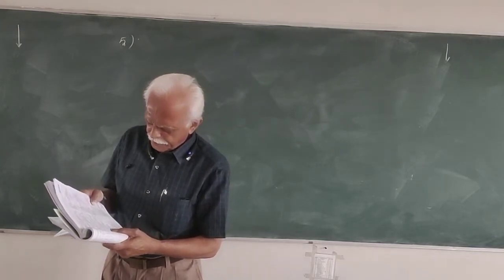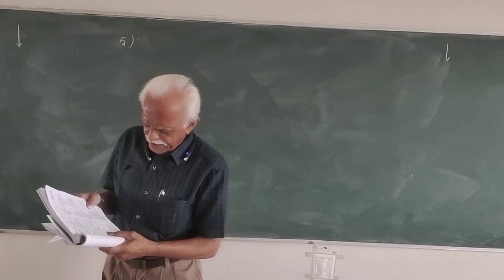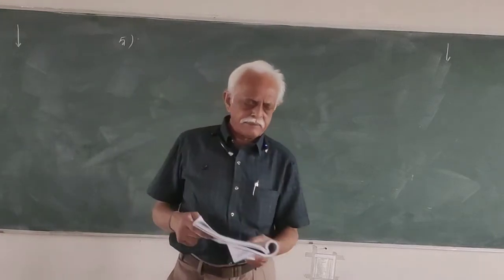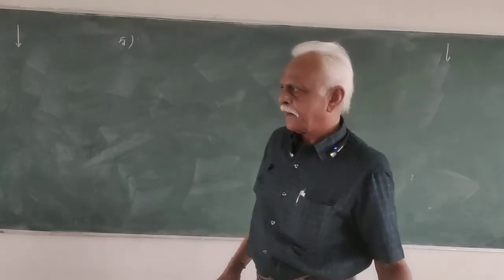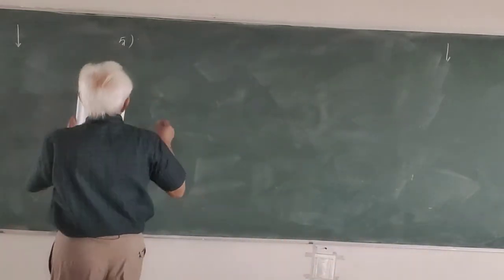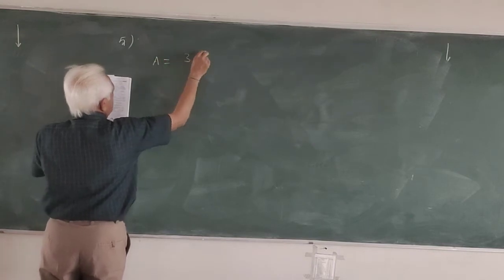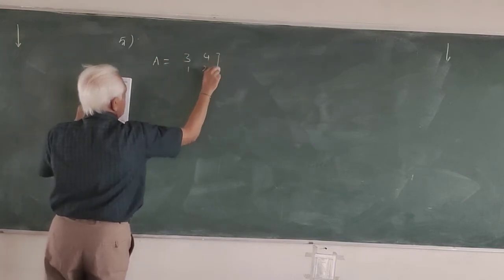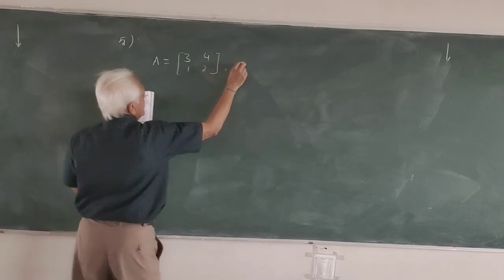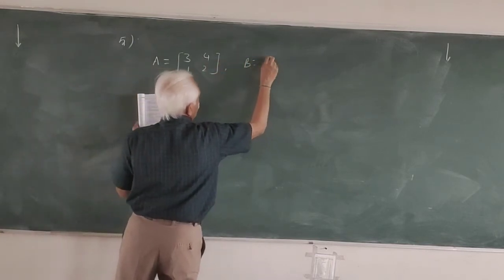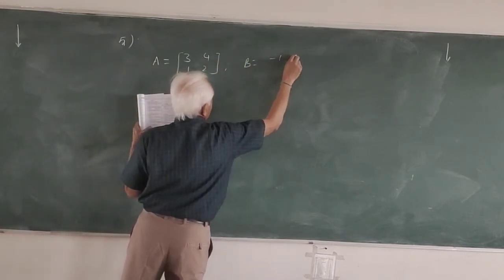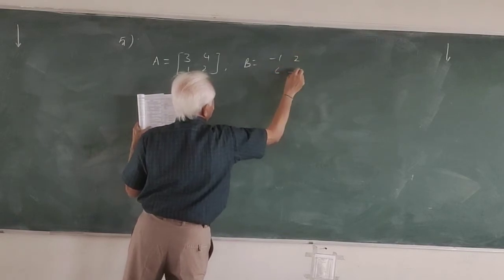A and B commute, K a real number. I give an example. A is equal to 3, 4, 1, 2. B is equal to minus 1, 2, 6, minus 3.